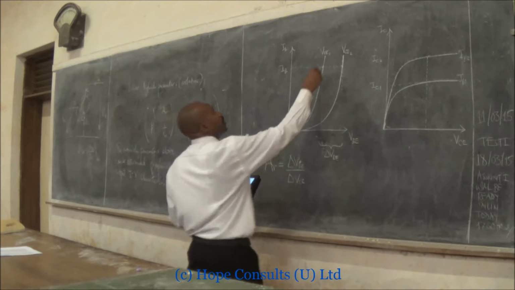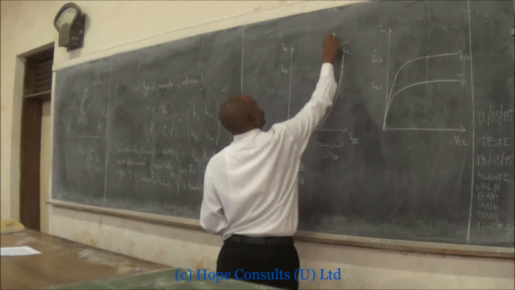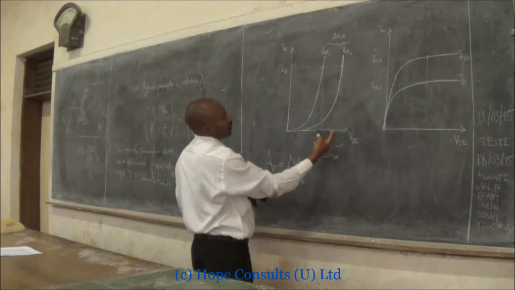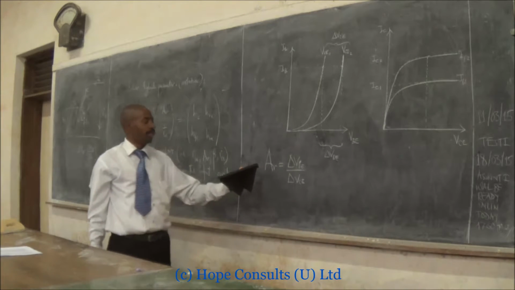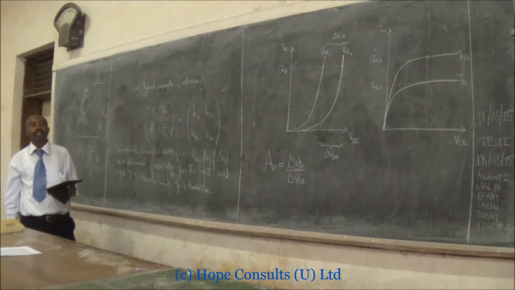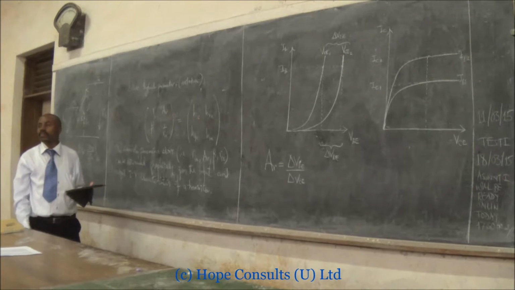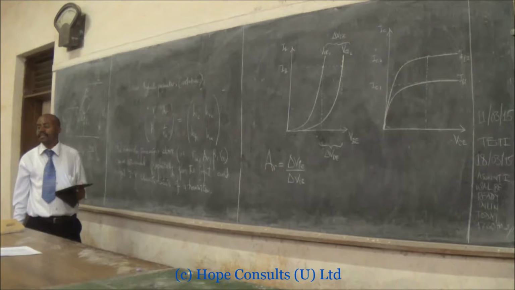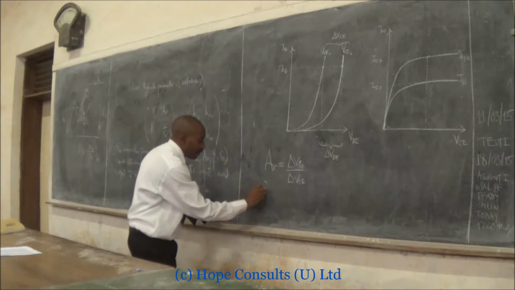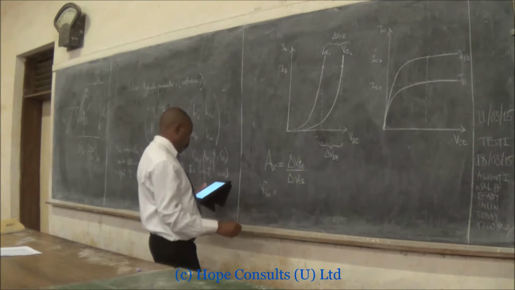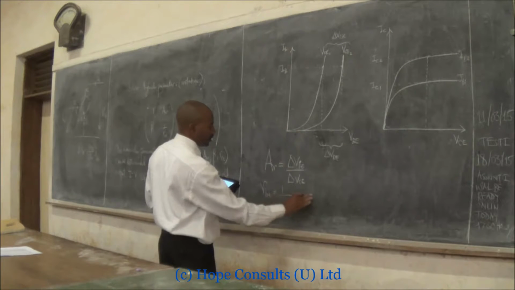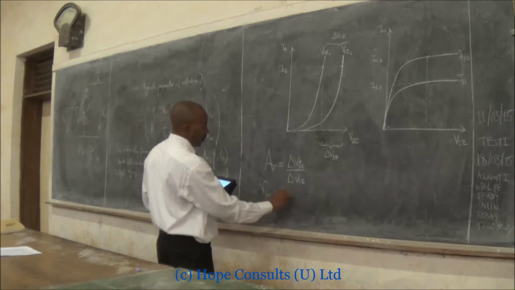We have our delta VCE here, our delta VBE here. And then we will be able to get our reverse voltage feedback. RBE will be equal to 1 over the gradient.